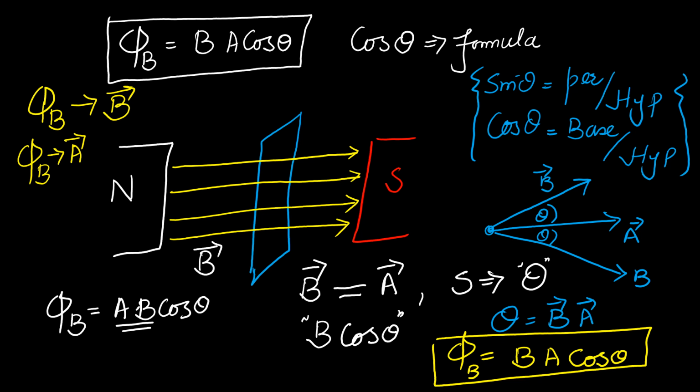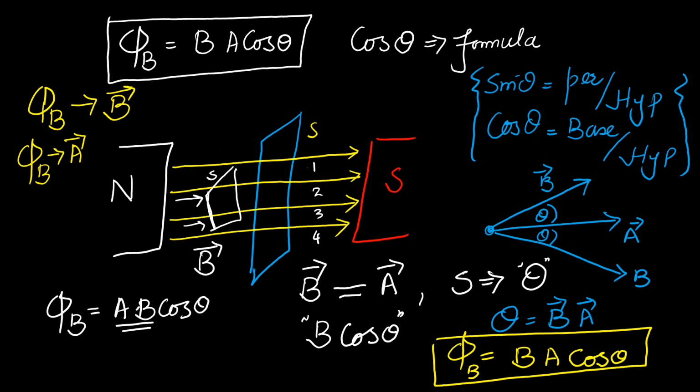So if the area of this surface S is increased, or suppose the area of the surface S is decreased, like this area is decreased, then there is a lesser amount of field lines, 1 and 2, whereas the area S, which was bigger, had more magnetic field lines, like this was 1, this was the second, this was the third, and this was the fourth magnetic field line.